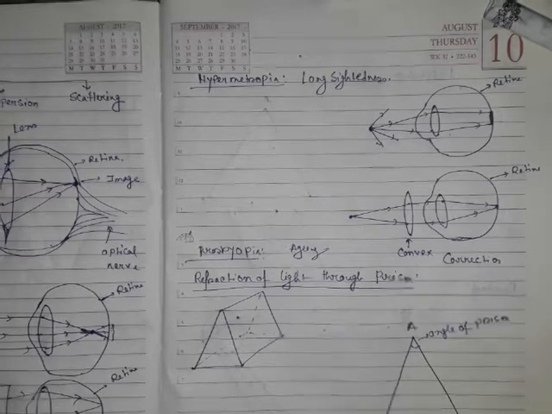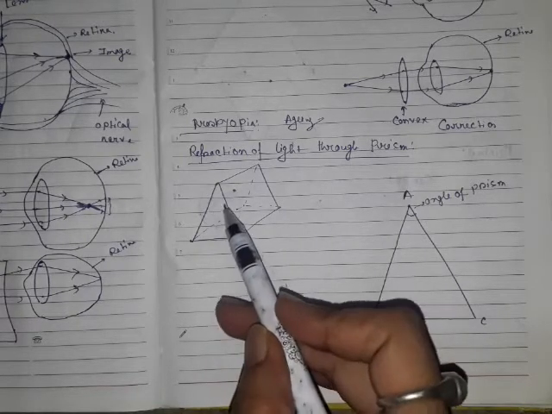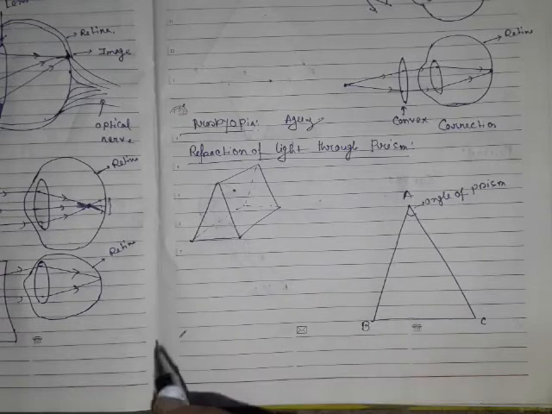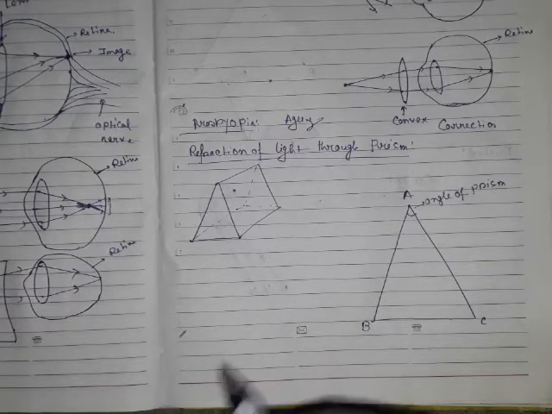Okay, so the next topic we are going to learn is the refraction of light through a prism. You know about the prism, a geometrical structure with a tent-like shape. We will talk about a glass prism, that is, a prism made of glass.